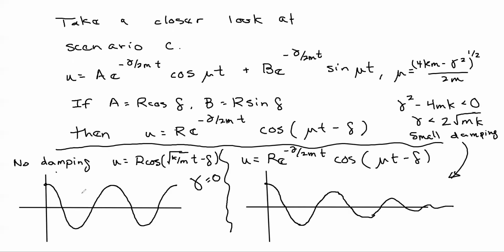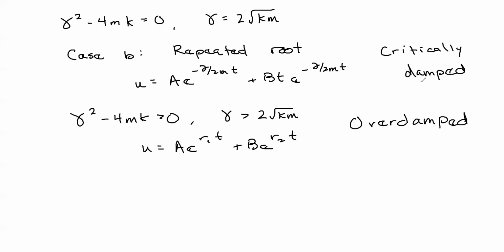So no damping, oscillations forever. Small damping, you get oscillations, but they decrease. And then you get critically damped and overdamped. What do these two scenarios look like? Great question. So depending upon the position of the object, you can pass through equilibrium either once or no times.